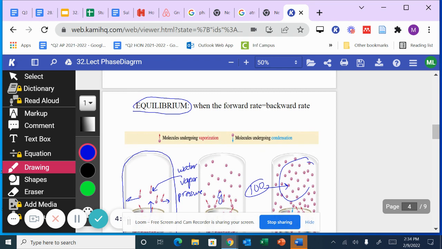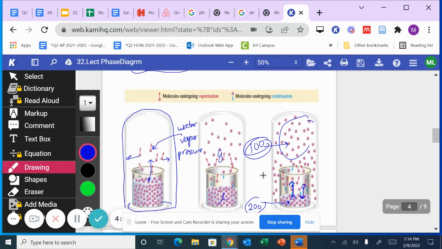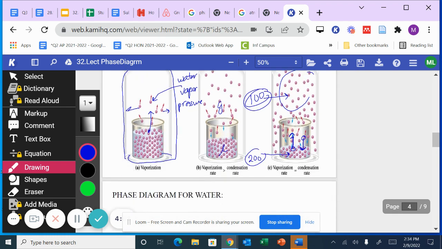The word equal here doesn't mean you have equal amounts of liquid and gas. What it means is that as a liquid particle turns into a vapor, one of the vapor particles turns into liquid. The forward rate equals the reverse rate, causing the same amount of vapor in the atmosphere or in this container. That is called equilibrium.